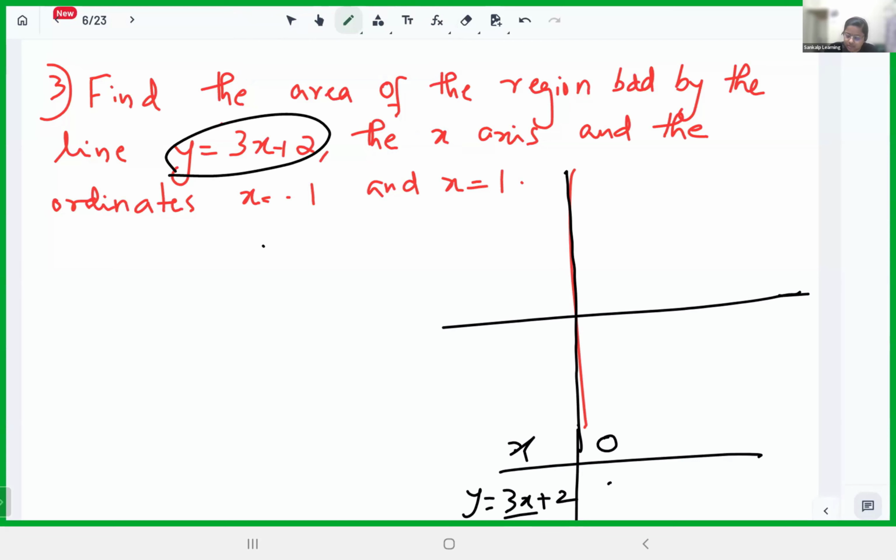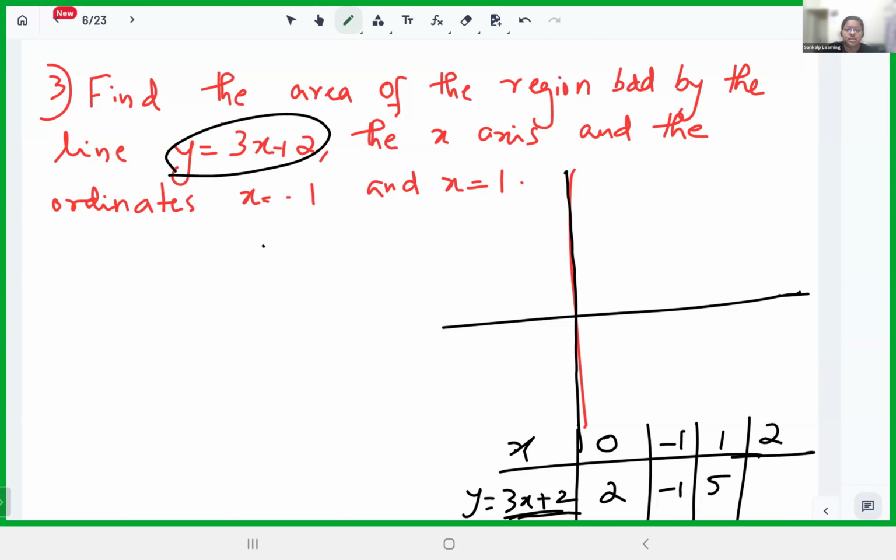Just put the value of x in this, then you will get the corresponding y value. If x is equal to minus 1, it is minus 3 plus 2, which is minus 1, right? Now if x is equal to 1, 3 into 1 is 3, 3 plus 2 is 5, isn't it?